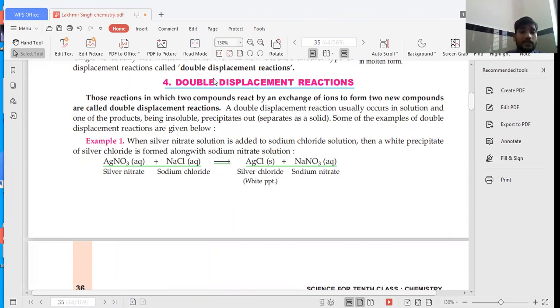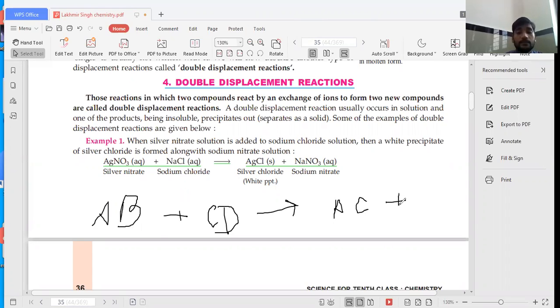The general representation for this reaction is AB plus CD gives AC plus BD. Getting me? So this is the general representation for these reactions. Interchange of ions is taking place in most of these reactions.